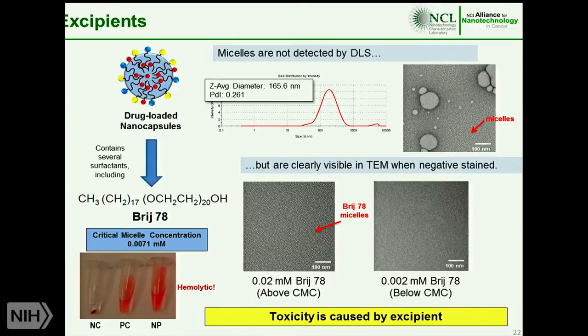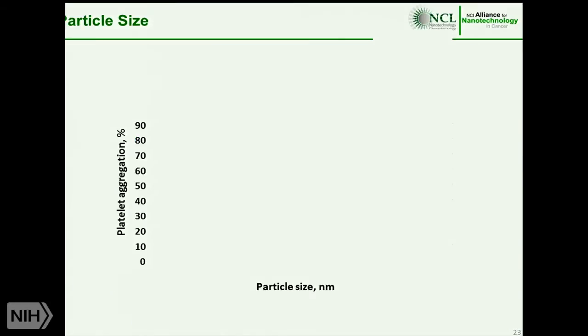And so these micelles could be reproduced, and you see they look identical to what we observed with the formulation. But when the concentration of surfactant is below its critical micellar concentration, these micelles don't form. These surfactants may interact with erythrocyte membranes, with cellular membranes, and cause toxicity. So the toxicity in this case is caused by the excipient and not by the nanoparticle.